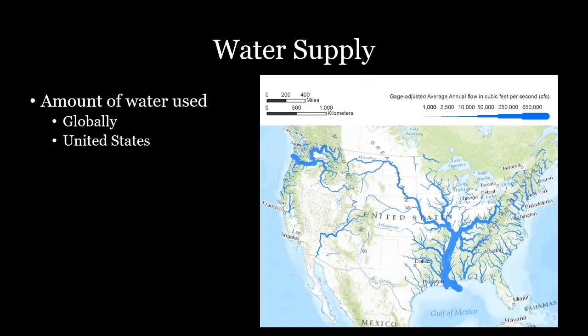Most of the water that we use comes from surface water flowing into rivers. And we can see all of the different rivers in the United States plotted with their width dependent on how much water is flowing through that river.